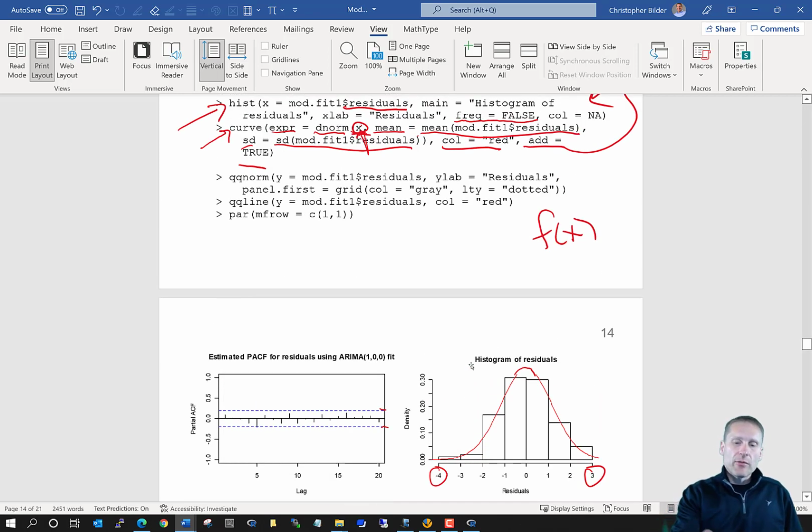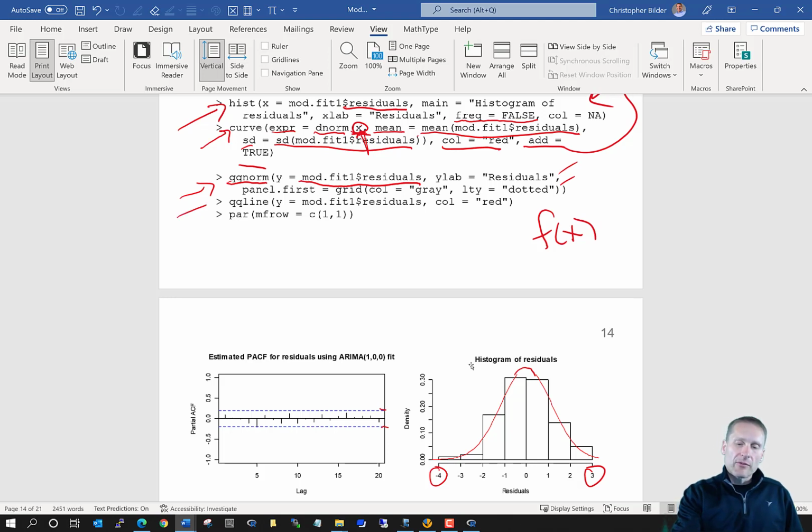Now the QQ plot is going to go into row 2, column 1. I can use the qqnorm function. What do I want to do the QQ plot of? Well, my residuals. I put a nice little label on the y-axis, and also some nice grid lines on there.